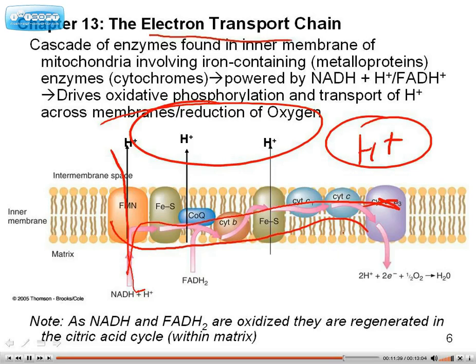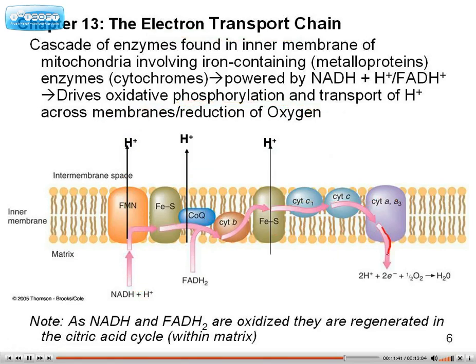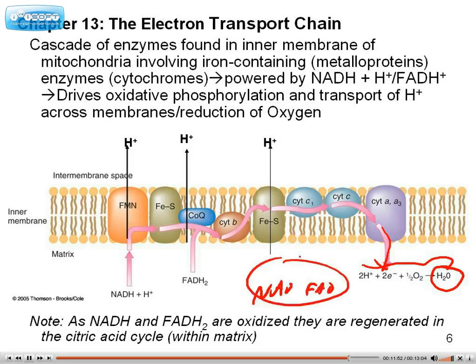Over here, you see the electrons forming covalent bonds between oxygen with new water. The used up NAD and FAD is recycled back into the citric acid cycle to be reduced again back into NADH and FADH2.